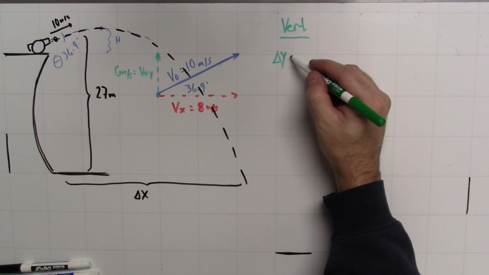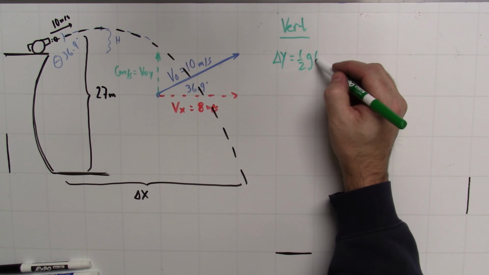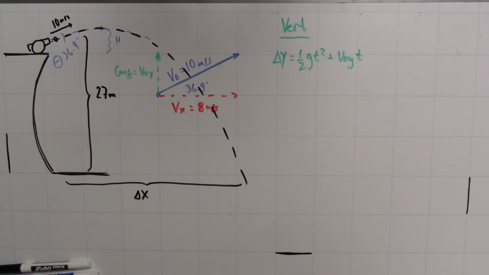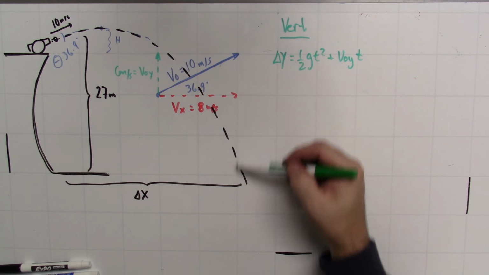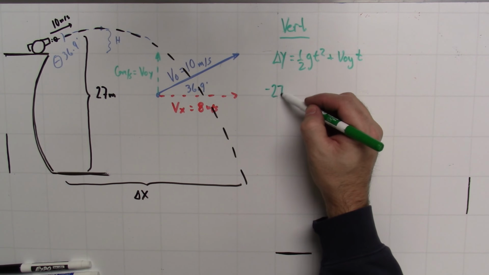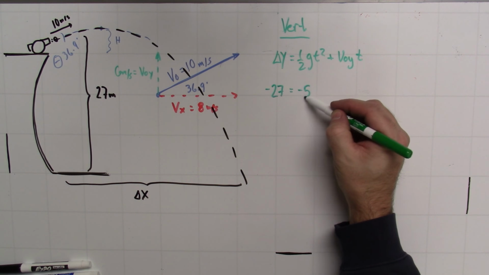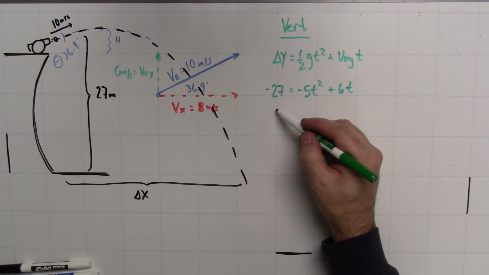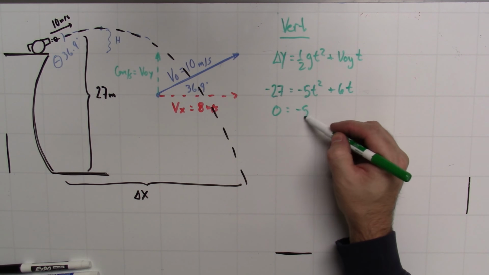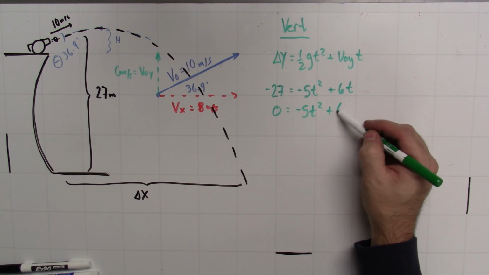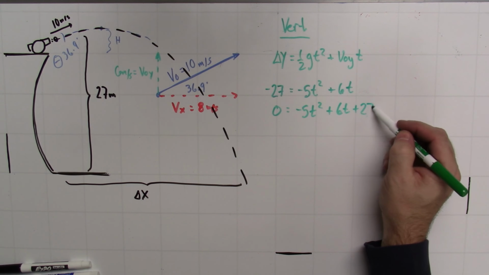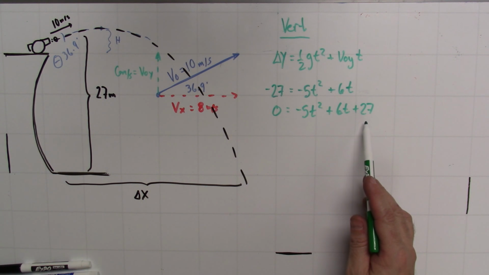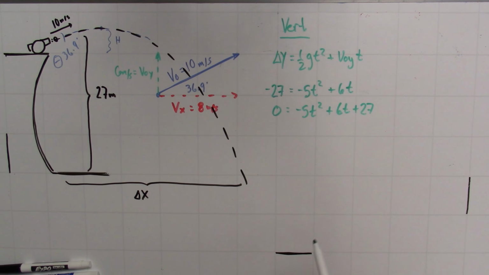The change in the position is equal to 1/2 gt squared plus v0y t. We know that the ball has to drop 27 meters, so the change in position is -27, equals -5t squared plus 6t. Add this to both sides. Now, you can factor, or you can divide through by -5 and then factor.